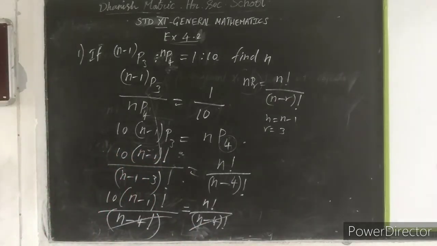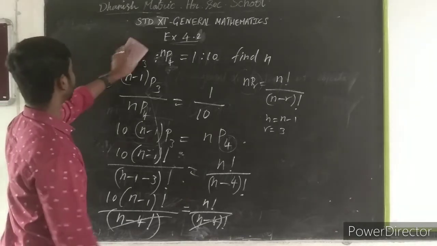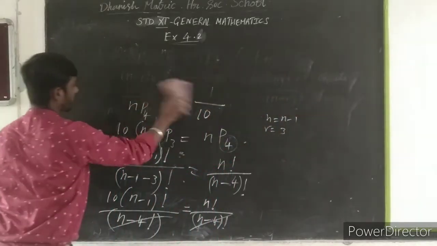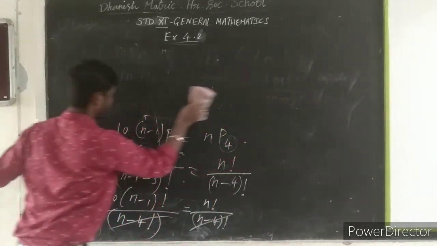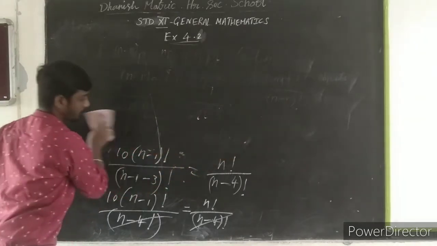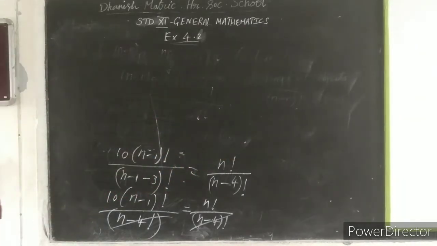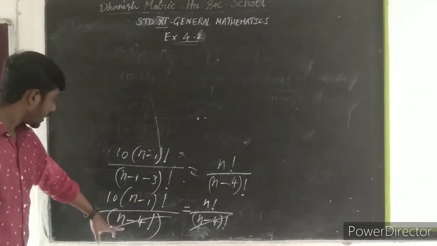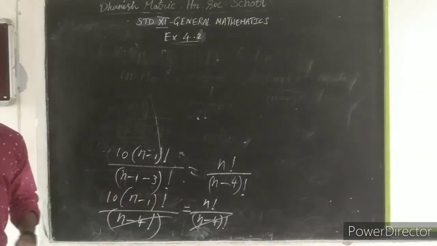Now we are getting 10 into n minus 1 factorial equal to n factorial.